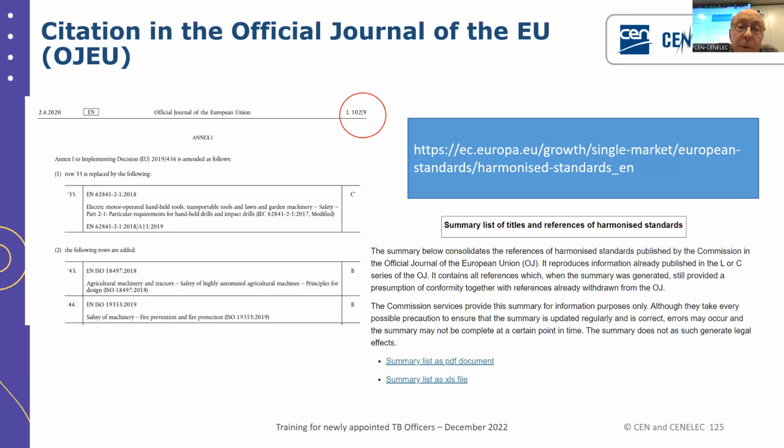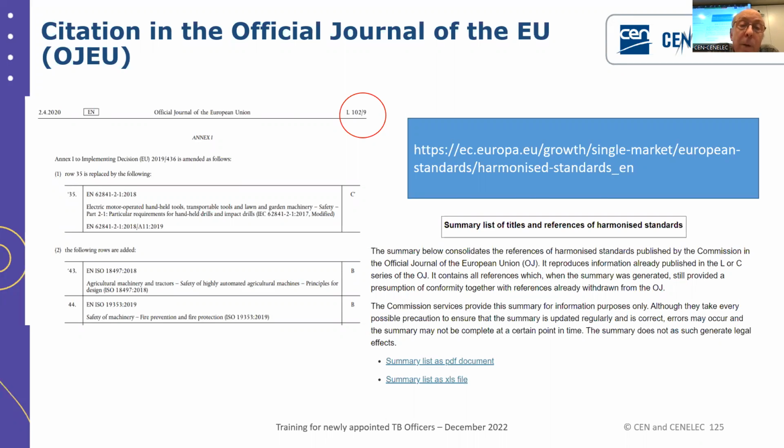The purpose of this slide is to explain to you that when the Commission accepts the standard to be referred, they will issue a new act. The standardization request is an administrative act. The publication in the OJE is also an administrative act of the Commission, and it is approved by the College of Commissioners.